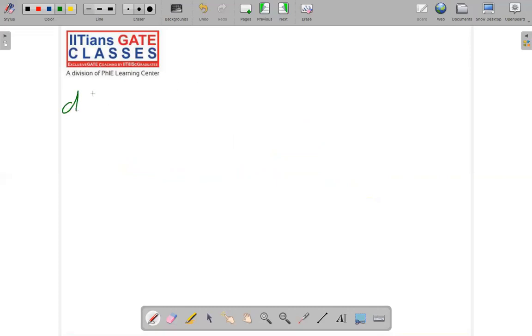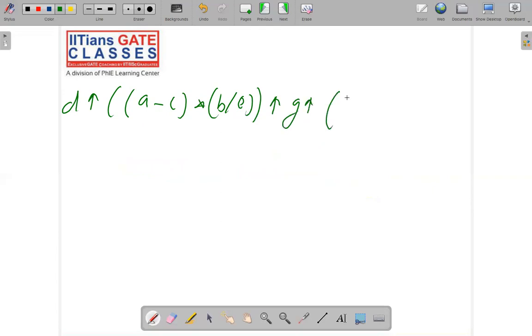Okay, like this. B, same as the previous example. Start brace, end brace. A minus C star B divide E, G. So I told you that braces have highest priority and they are left associative.